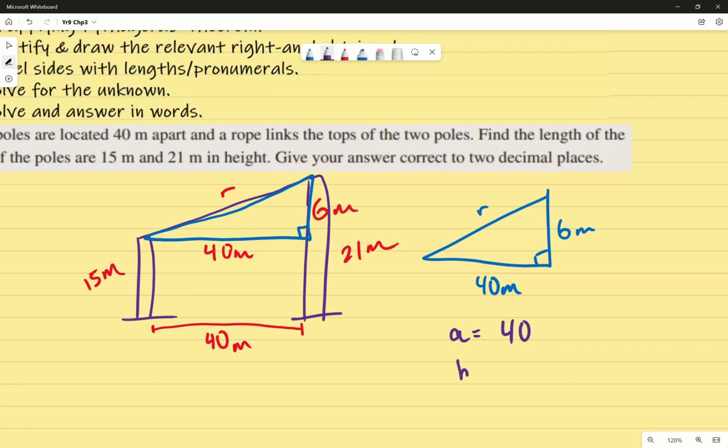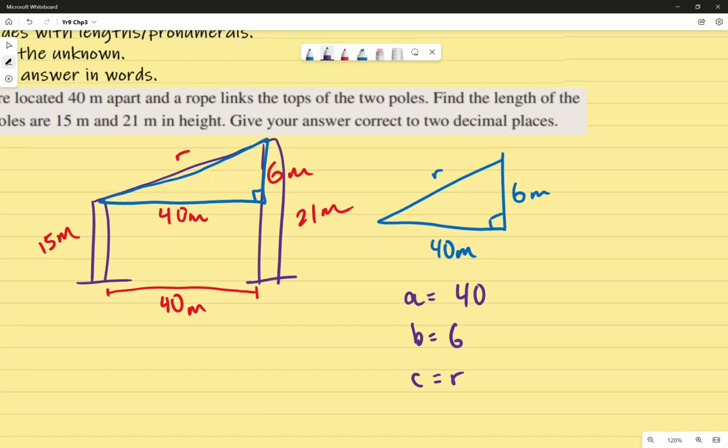We'll call B 6. And C, what are we calling C? Thank you very much. So, we have these values here. All I'm going to do is put them into my formula. I know A squared, so that's 40 squared, plus B squared, which is 6 squared, equals C squared. In this case, of course, that's going to be R squared instead.